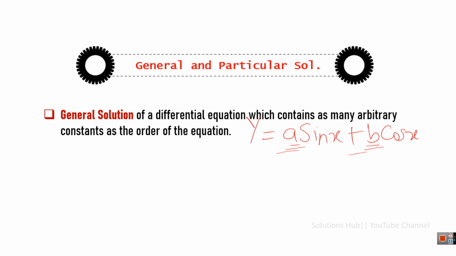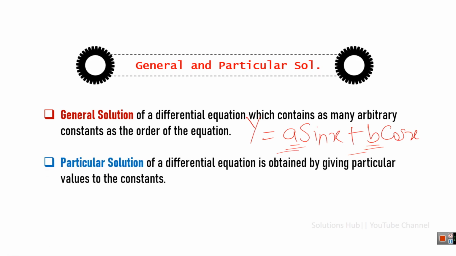If you assign those constants a and b some value, then it will become a particular solution. A particular solution of a differential equation is obtained by giving particular values to the constants.